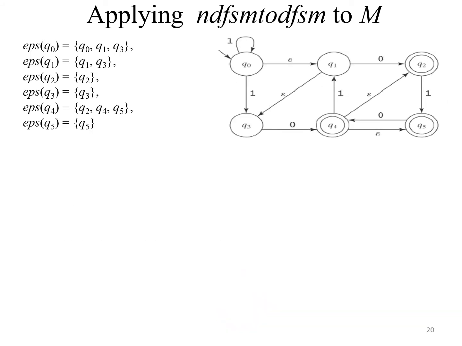In step 3, compute the delta transitions for the only active state Q0, Q1, Q3.